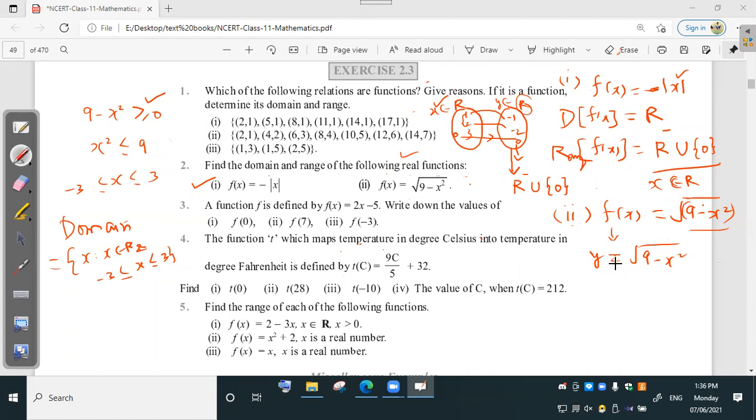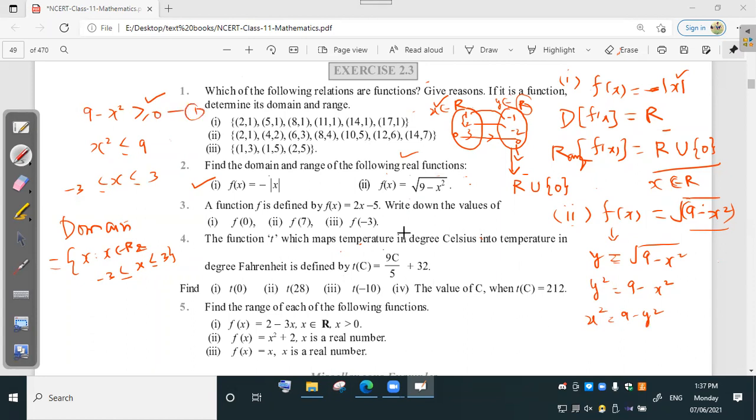Now we have to find y square. As I have told you, any value we put here for x, we get the value of y. So y square will be equal to 9 minus x square, and therefore x square will be equal to 9 minus y square. Okay, and as you know, x square is always positive, and 9 minus x square is always positive.